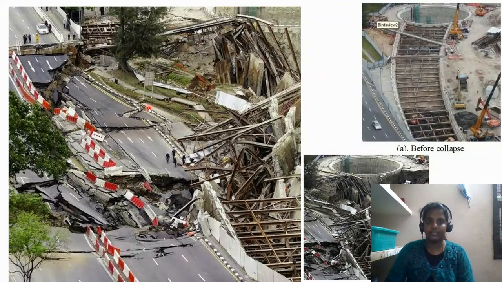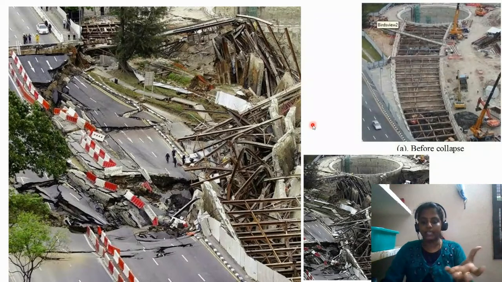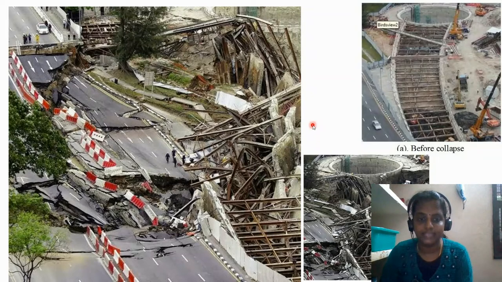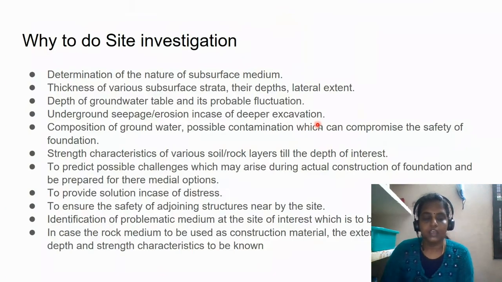If there is a dam failure, or any failure like this in a highway or a bridge, then at that time also they will conduct soil investigation and analyze what has gone wrong, where the mistake has happened, whether the mistake is with the structural design, or whether they have not properly analyzed the site condition, or whether there are some natural issues, such as sudden water seepage into the site which they would not have expected because of the ground level increase in the surroundings. All those assessments will be carried out only by doing a proper soil site investigation.